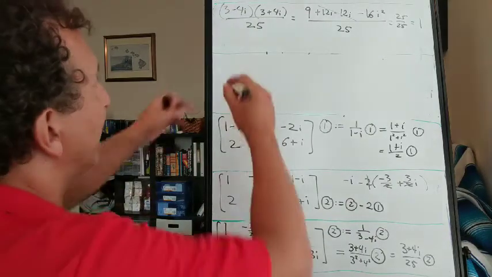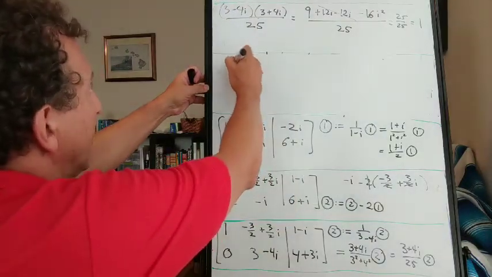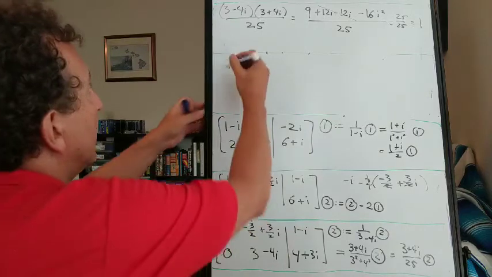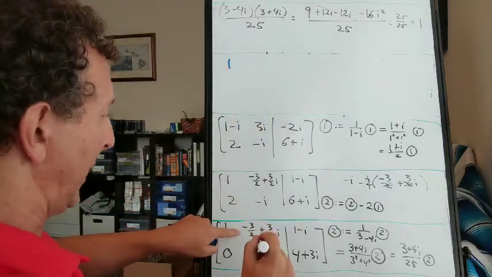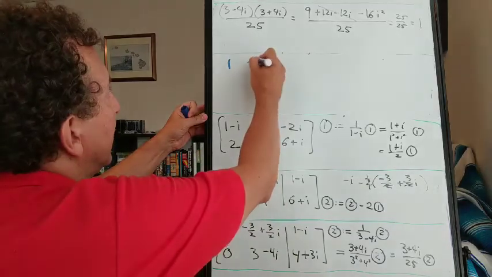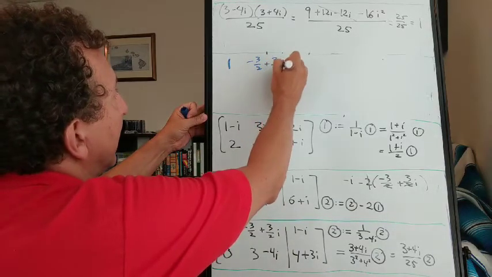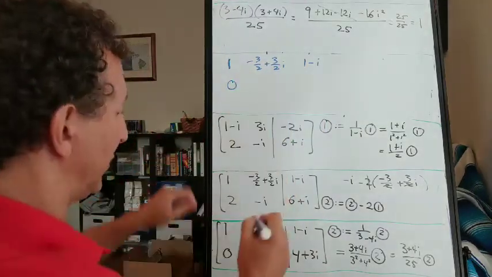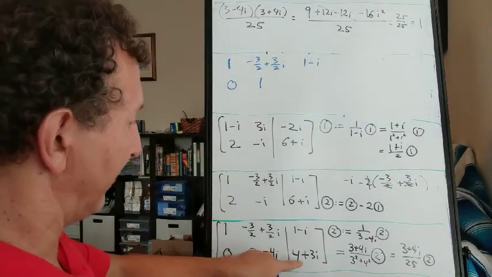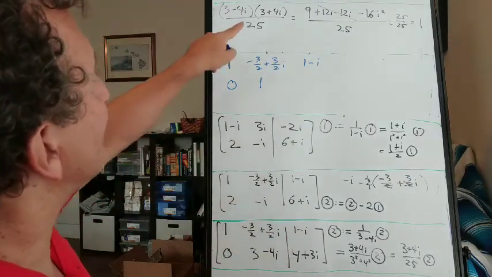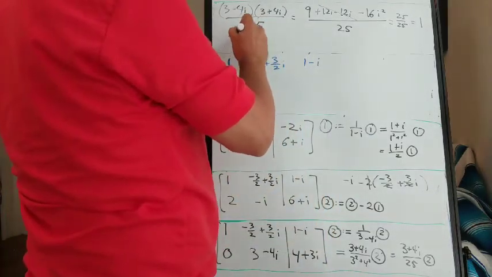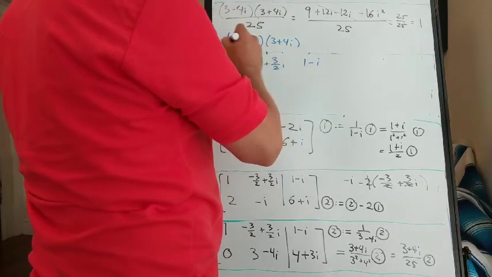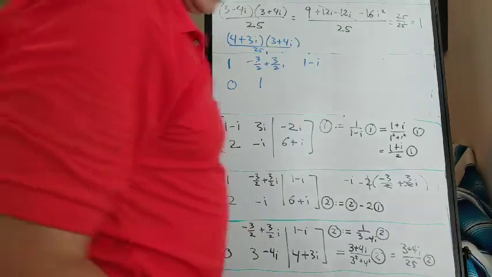So now we have the first row as 1, minus 3 halves plus 3 halves i, 1 minus i. And the second row is 0, 1, and we have 4 plus 3i times 3 plus 4i all over 25.